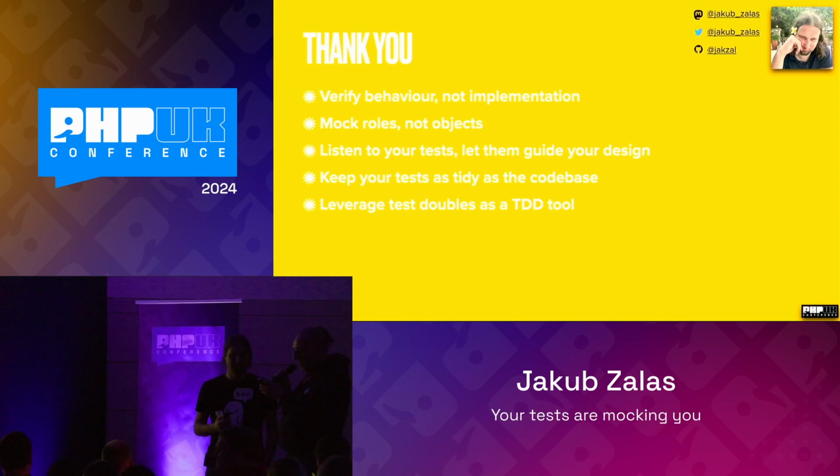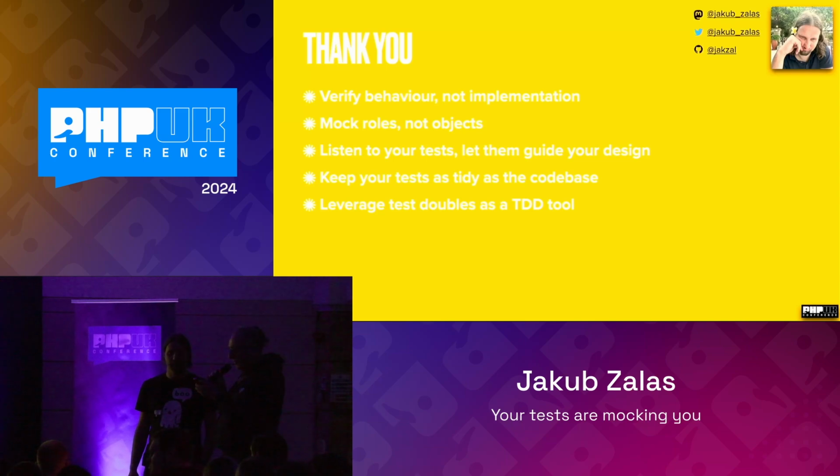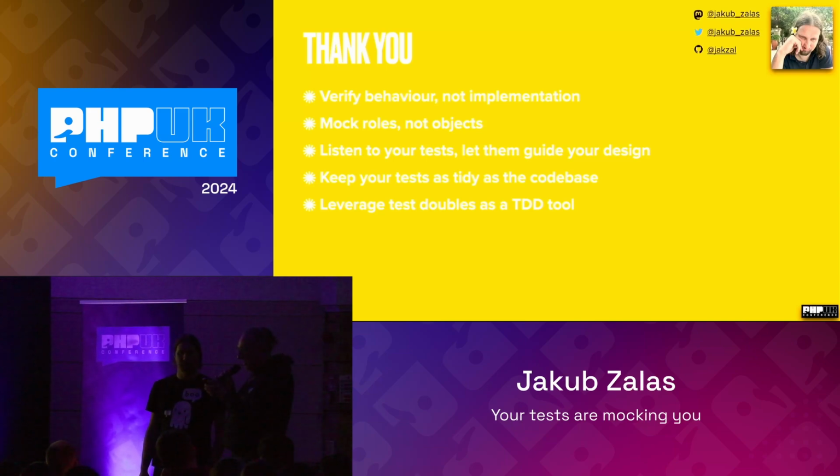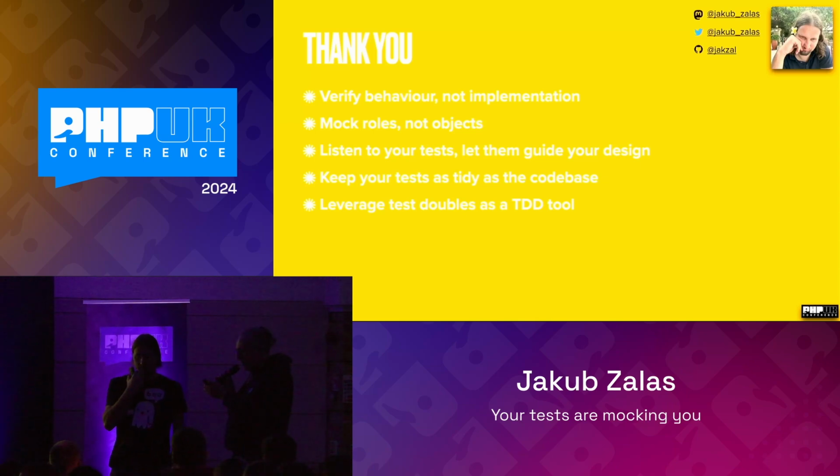Question to Jakub. Have you found using anonymous classes over mocking framework functionality makes tests more resilient to changes in the software version or third-party code, i.e. the mocking frameworks? Or have you found it hasn't made much difference?